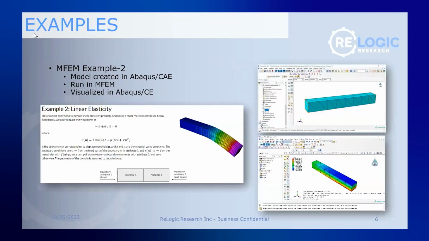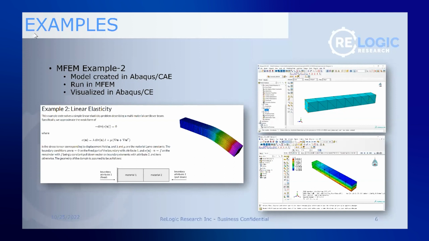So here's some examples showing the software layer in action. First thing we did was just recreate the MFEM example 2, a simple cantilever beam problem. What we're showing on the right is the model set up in Abaqus CAE, upper right, and then on the lower right is the corresponding results from MFEM, converted to an Abaqus ODB and brought back into Abaqus CAE for visualization and post-processing.